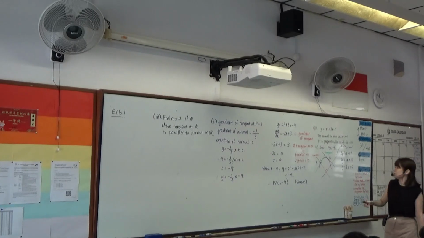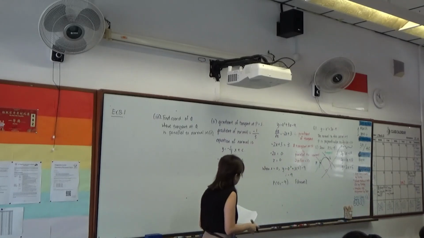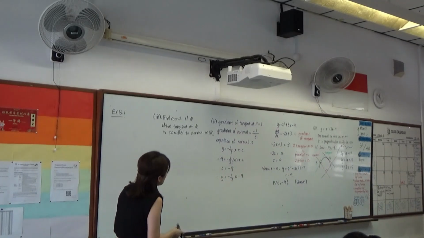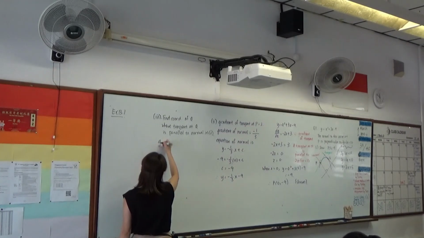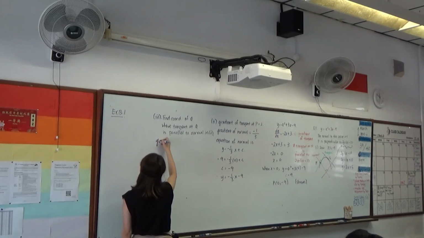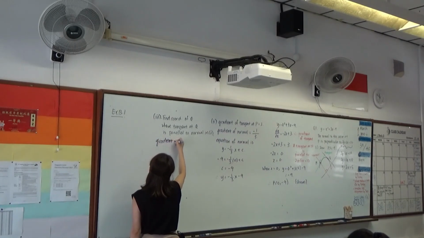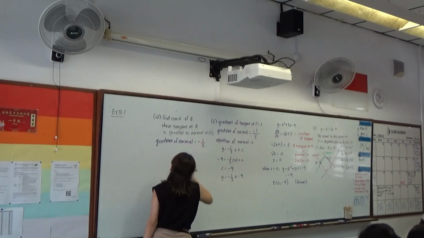Okay, so in order for us to find that point there, we know the gradient of the normal already. The gradient of the normal is -1/3.